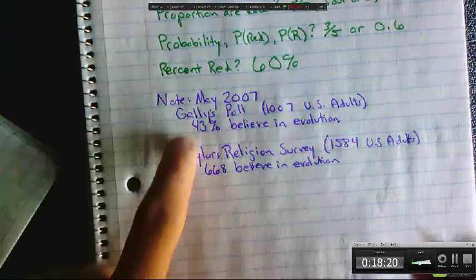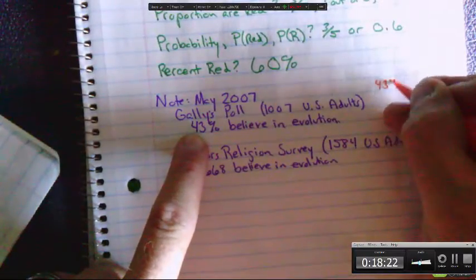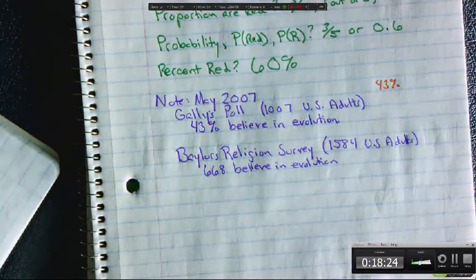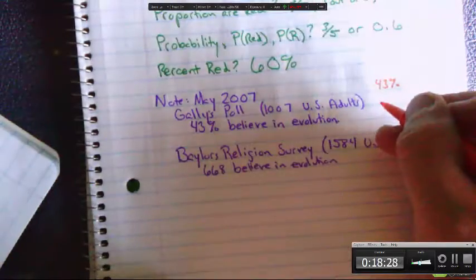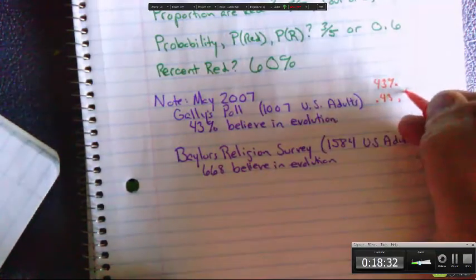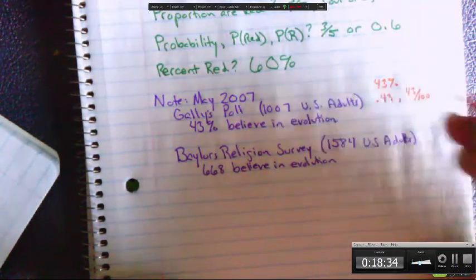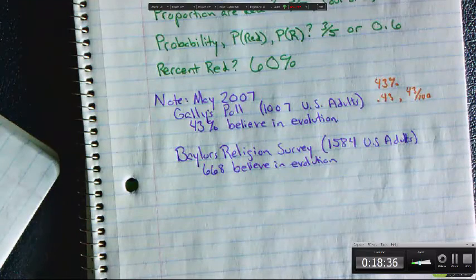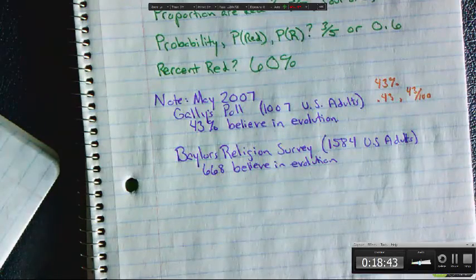Okay, so this is 43%, right? What is that as a probability? It's 0.43, or we can write it as 43 out of 100. If we want to write it as a proportion, we don't say 43 out of 100 because we know exactly how many there were.